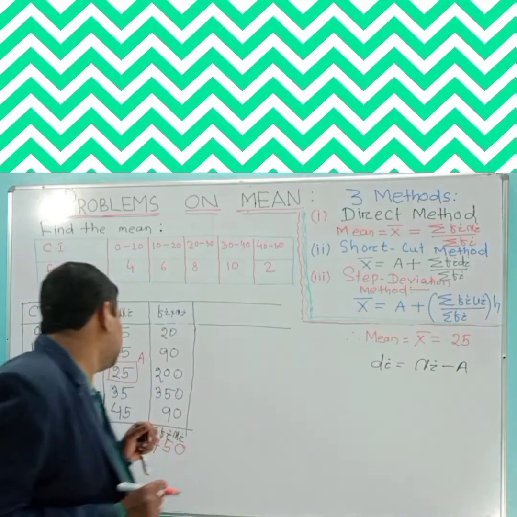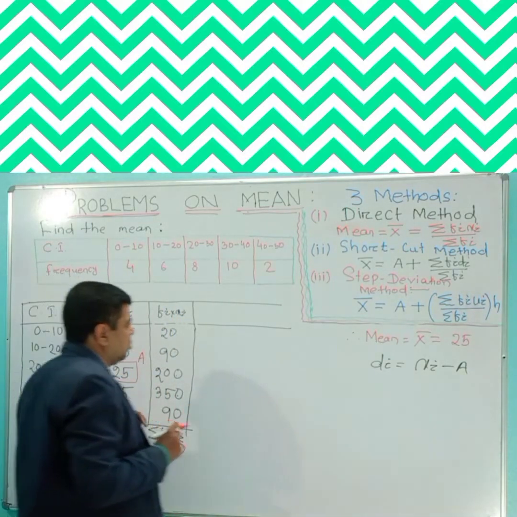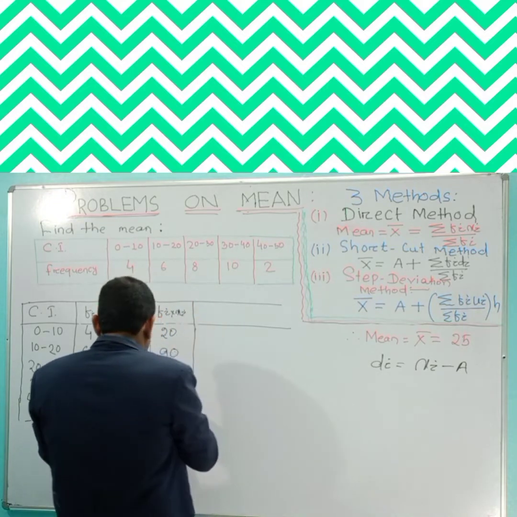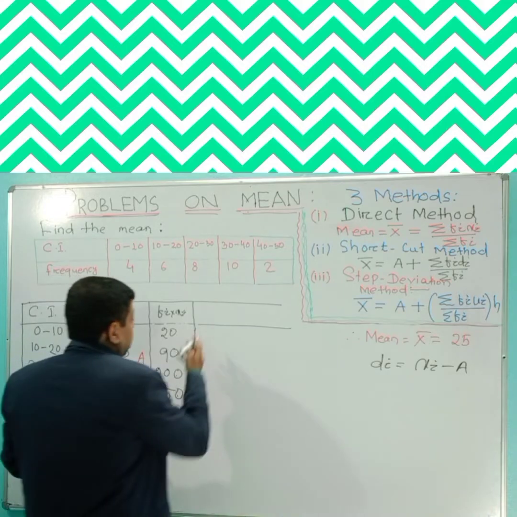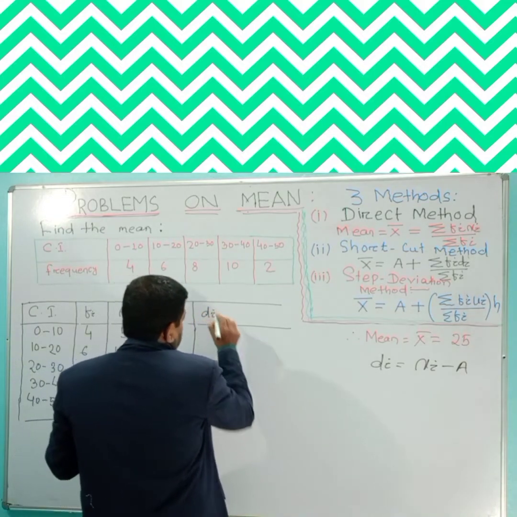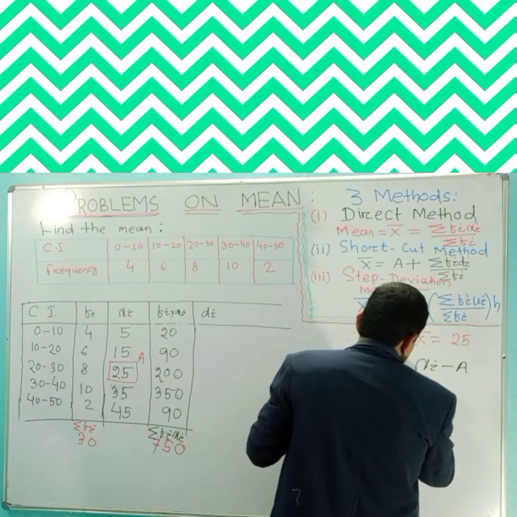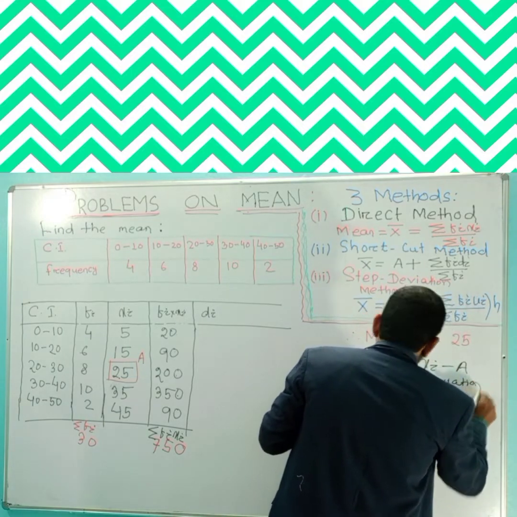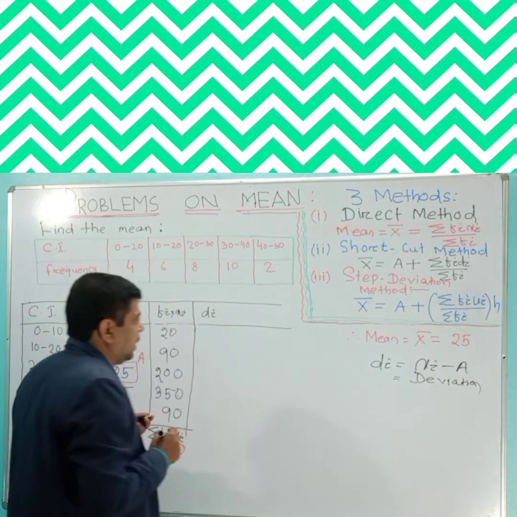Let's see. I have taken here a is equal to 35. If a is equal to 35, you have to find out di. Di is the deviation. Then di is equal to xi minus a.